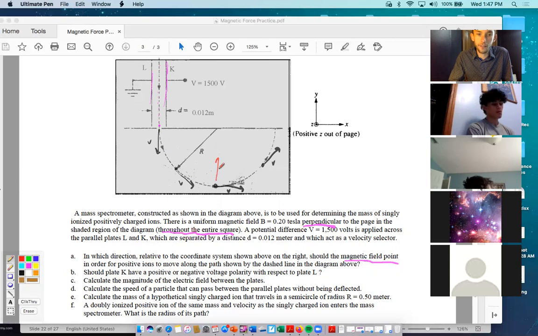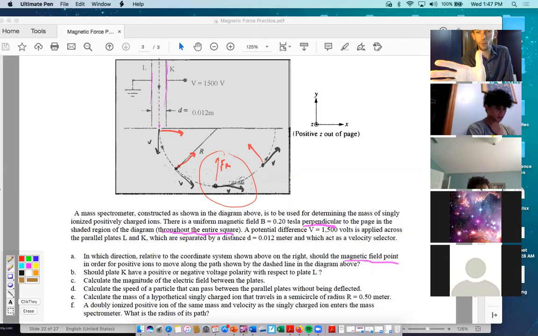So here's the magnetic force here. My magnetic force is always pointing into the center of the circle. So I can just pick one of these then and use the right hand rule real quick. I'm gonna look at this bottom one. It really doesn't matter. Point my fingers in the direction of the velocity so that my thumb can point up in the direction of the magnetic force. Which way does the field have to be going?